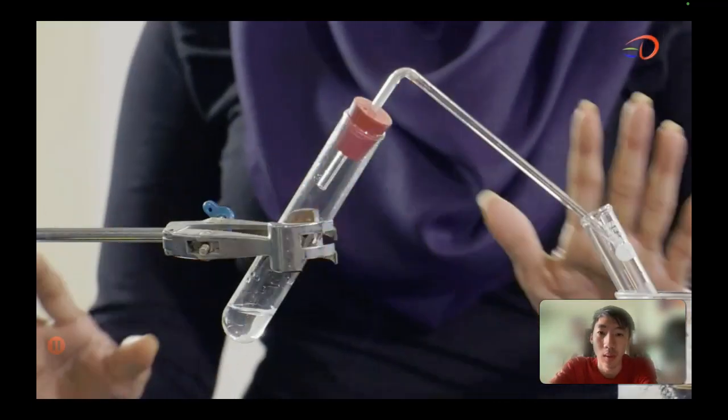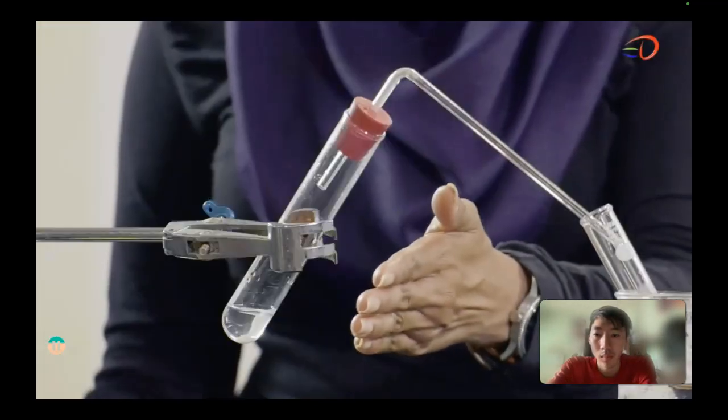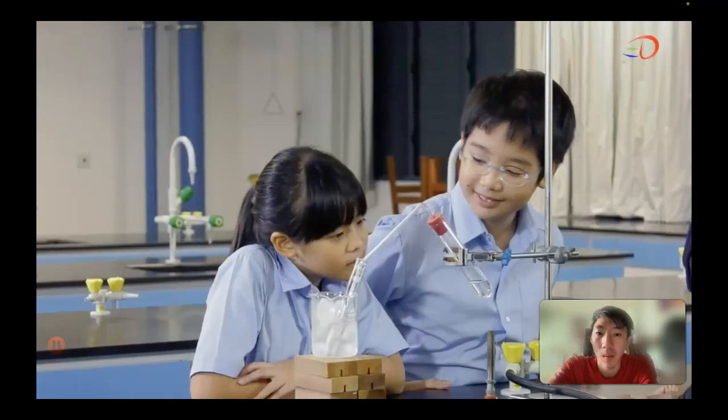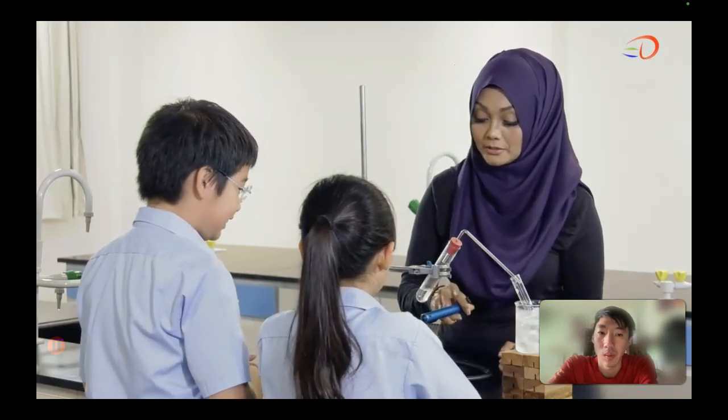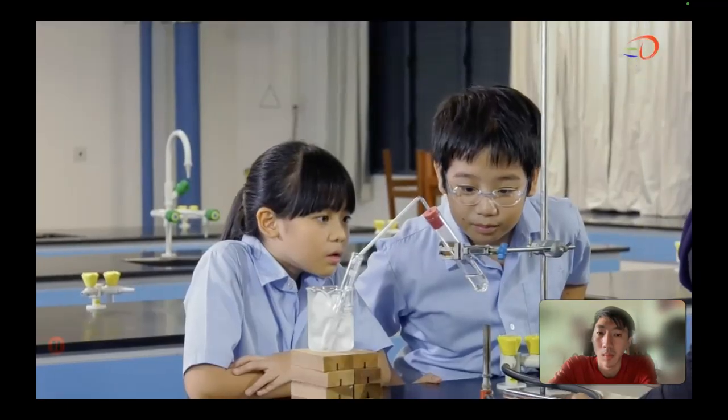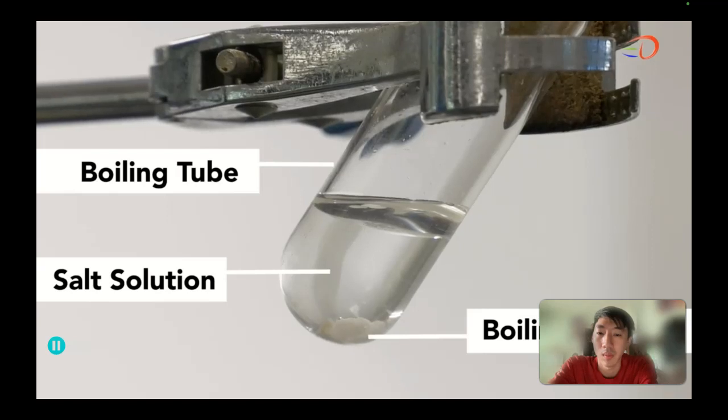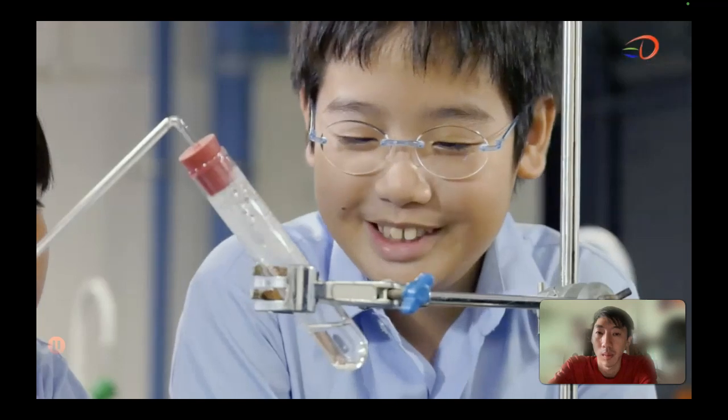Now, this is a simple distillation setup. We've put some of your salt solution into this boiling tube. Alright, so shall we begin? Okay, let's slide up the Bunsen burner. Now, observe closely what happens when the water boils. Wow, the water is boiling!